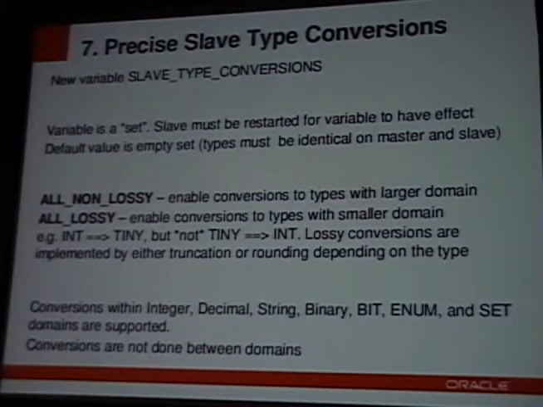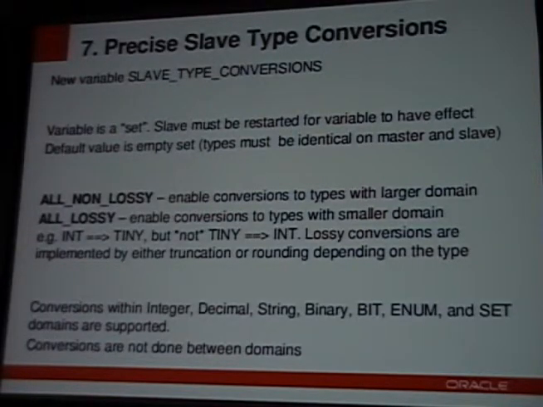And with all lossy, you allow yourself to lose data, because if the value is high enough, it will be truncated. So we have conversions within the integers, within the decimal numbers, within strings, binary, and so on. But you cannot convert between different domains.